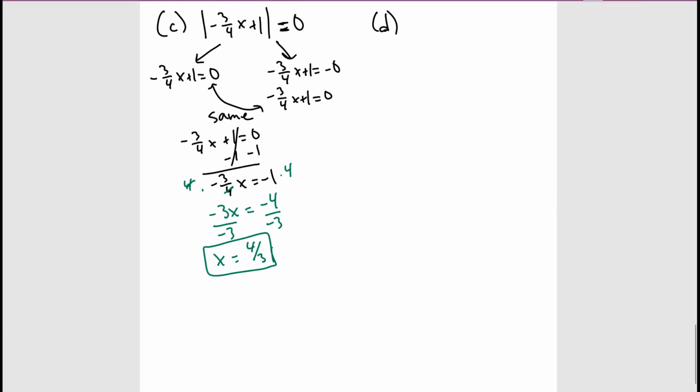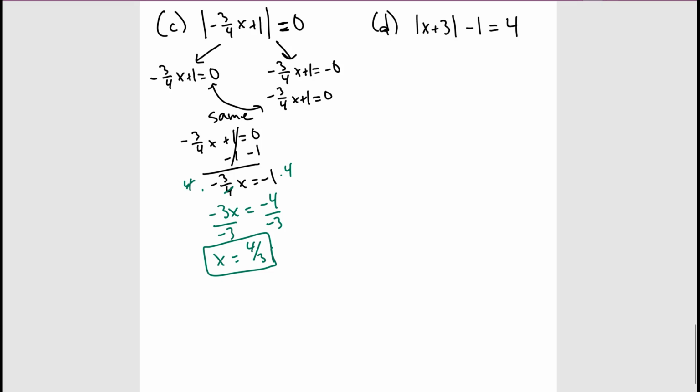So now let's do a tricky problem. Let's say we had the absolute value of x plus 3 minus 1 is equal to 4. Now here we have to be very, very careful because you don't want to separate it as this whole thing equals positive 4 and then -4.